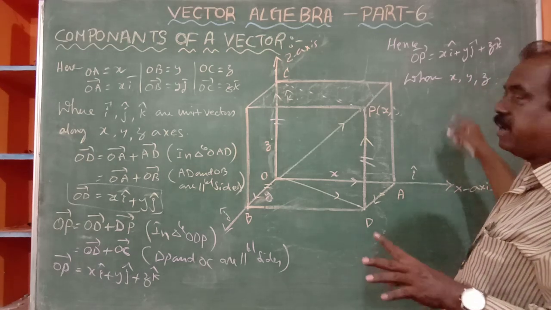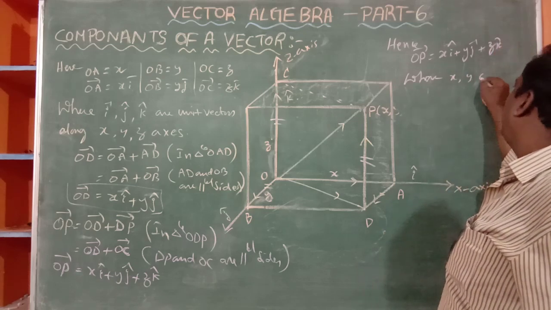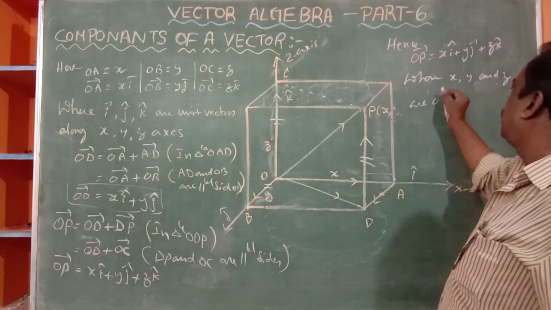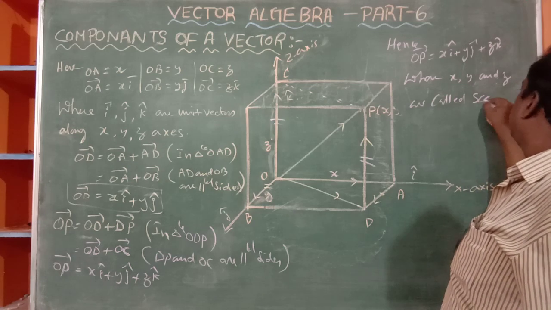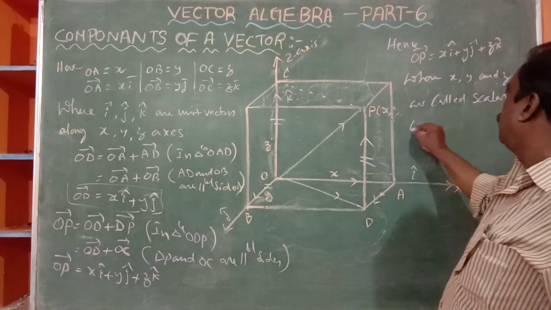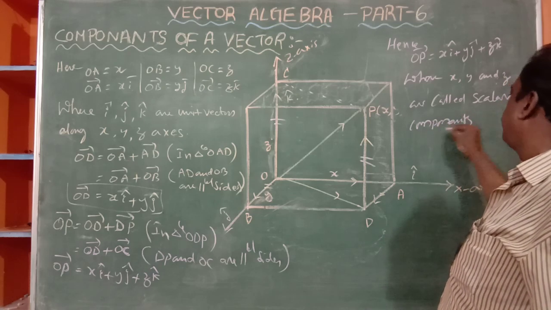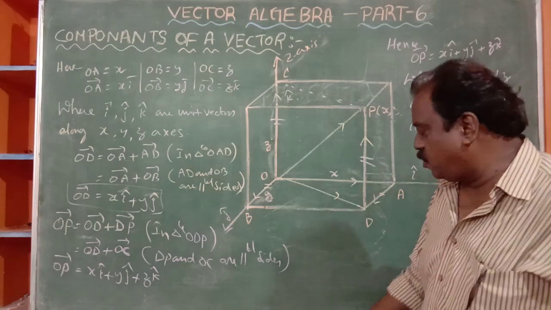If you put in a bracket, they are coordinates. You write as it is. x, y and z are called scalar components.